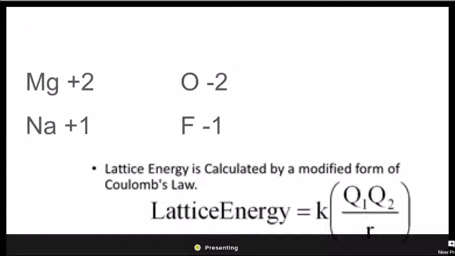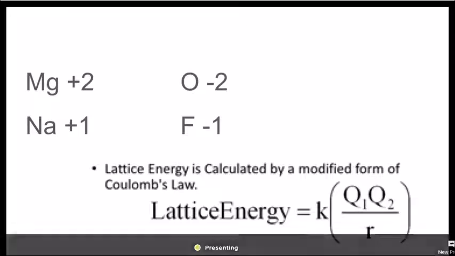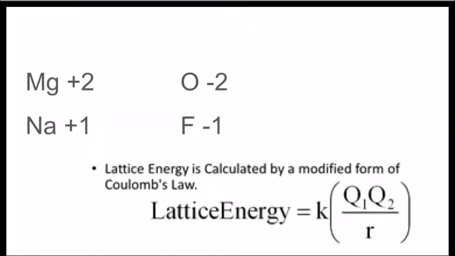And if you notice, the calculation for lattice energy looks a lot like Coulomb's law, Q1, Q2 over R. And again, you only want to worry about the R factor or distance when the Q1 and Q2 are the same. In this particular instance, we've got +2 and -2 and +1 and -1. So let's see how we would answer that question.